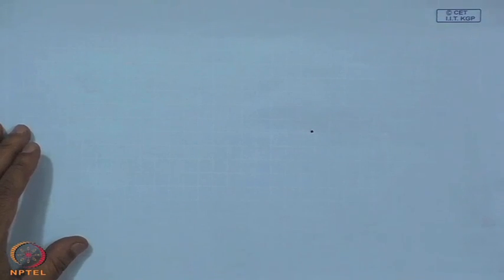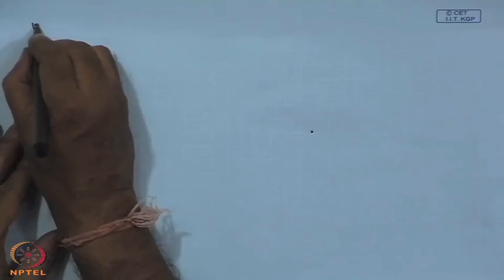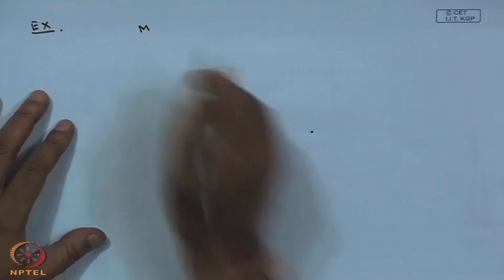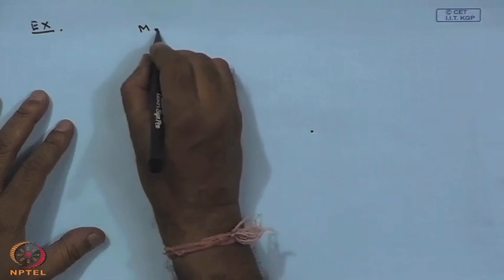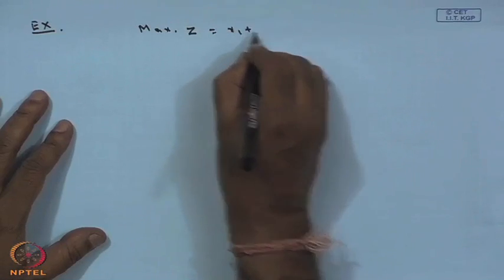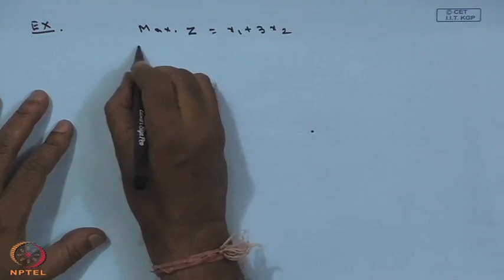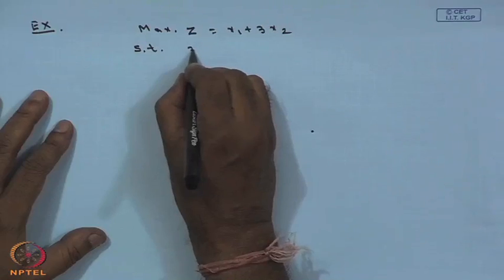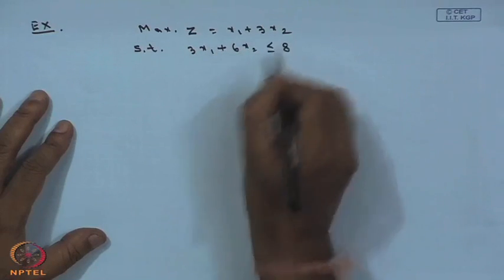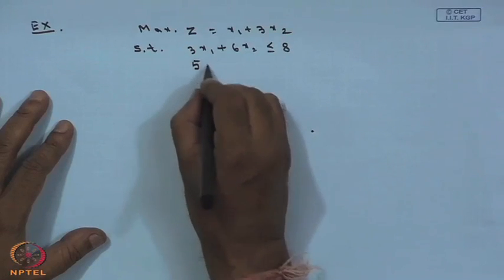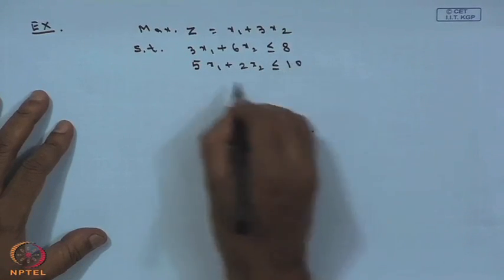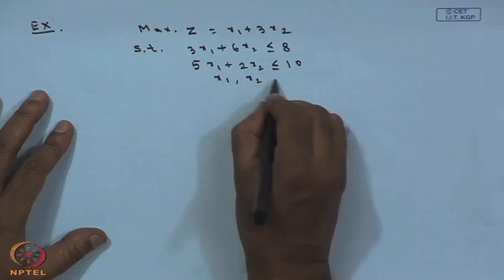Now, let us take some examples, because without an example you will not be able to understand very easily. Let us take the example: maximize z equals x1 plus 3x2 subject to 3x1 plus 6x2 less than or equal to 8, 5x1 plus 2x2 less than or equal to 10, x1 and x2 greater than or equal to 0.